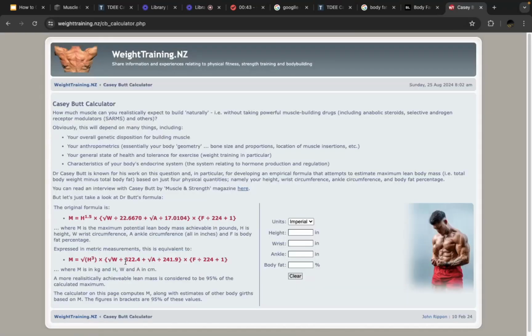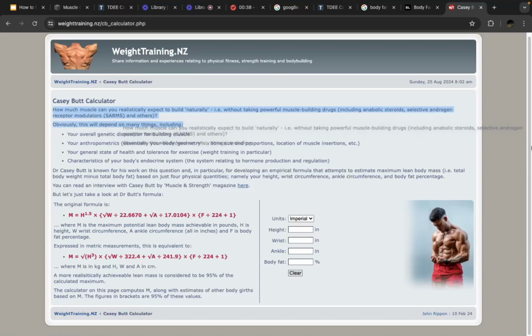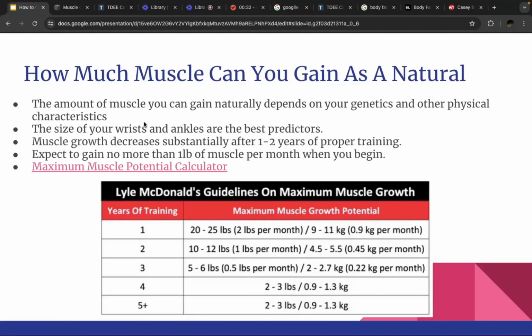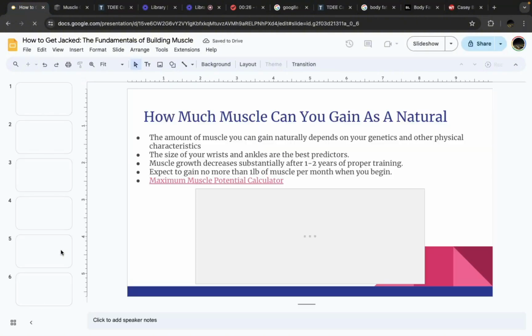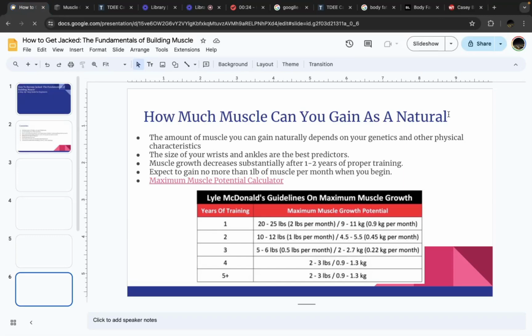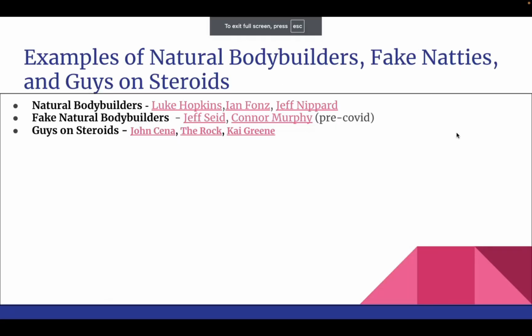Now, again, this isn't a hard and fast rule, but I found it to be, and other people have found it to be, pretty accurate. Ultimately, the only way to determine how much muscle you can build naturally is by lifting weights and figuring it out for yourself over time.